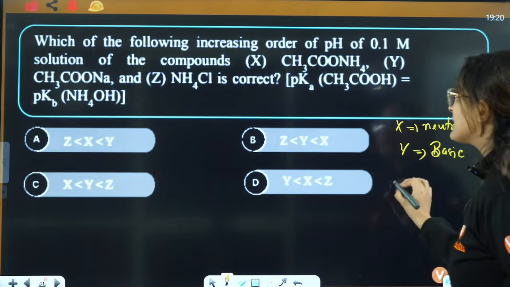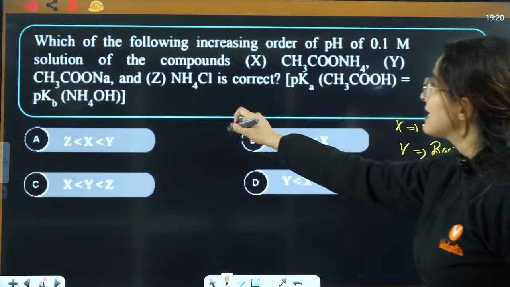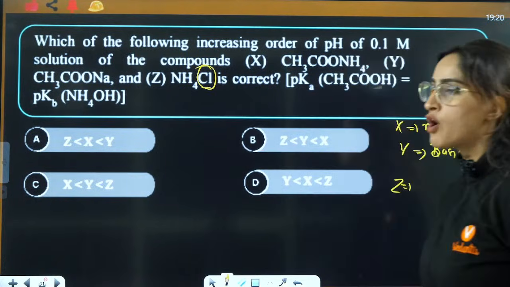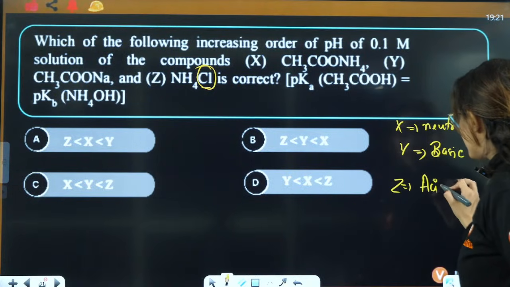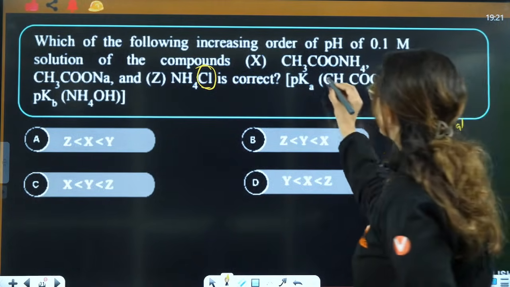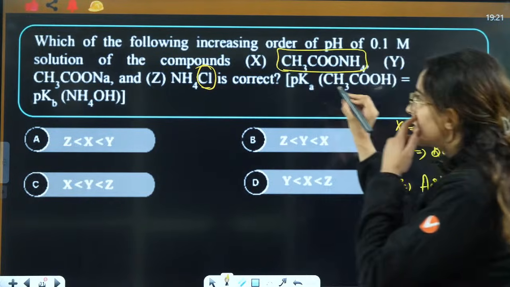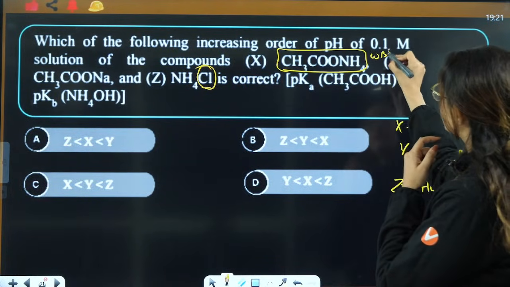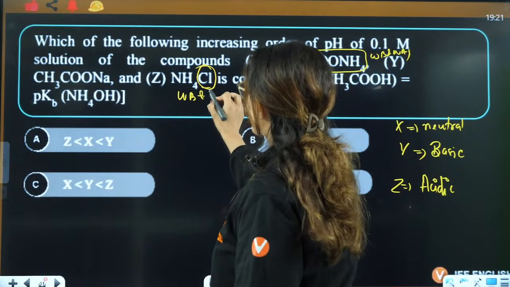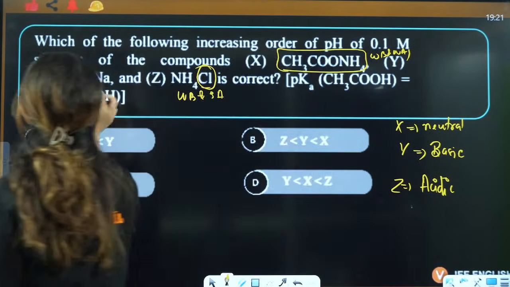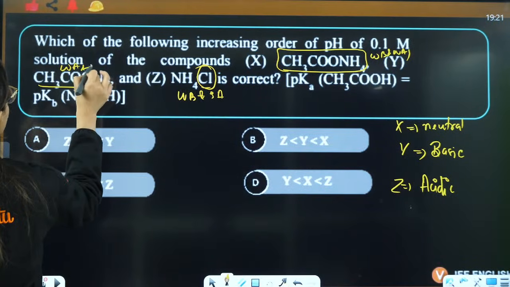And Z, that is formed from strong acid because of HCl, that is going to be acidic. What you have to see here, that this is weak base and weak acid. This is weak base and strong acid. This is weak acid and strong base.